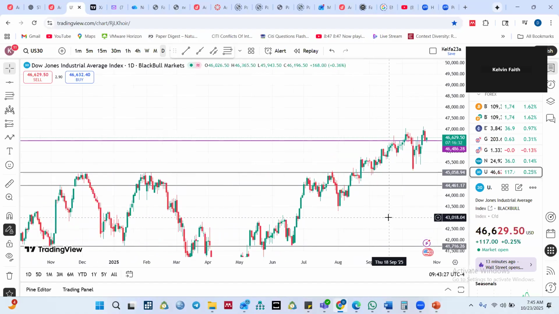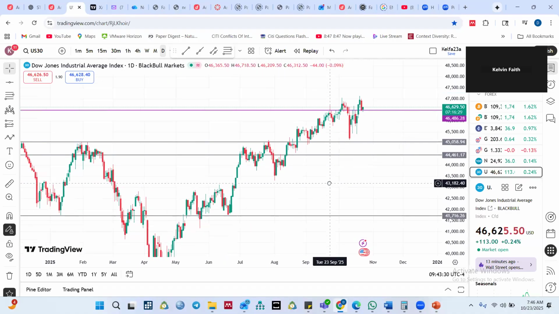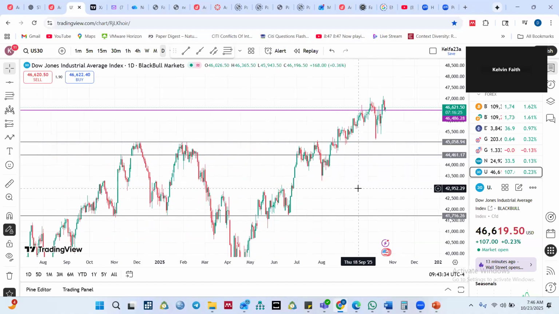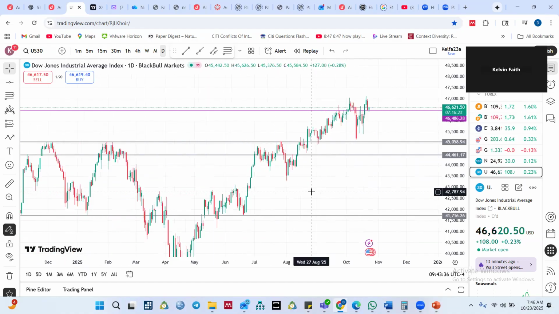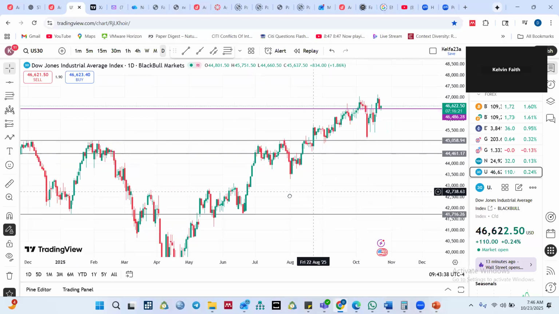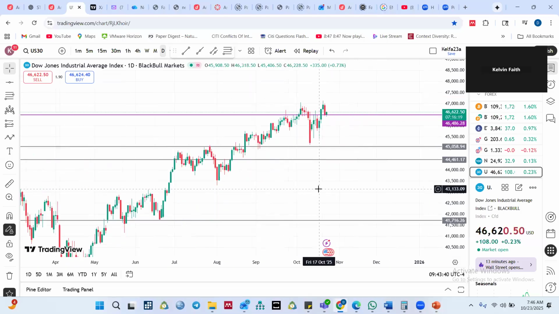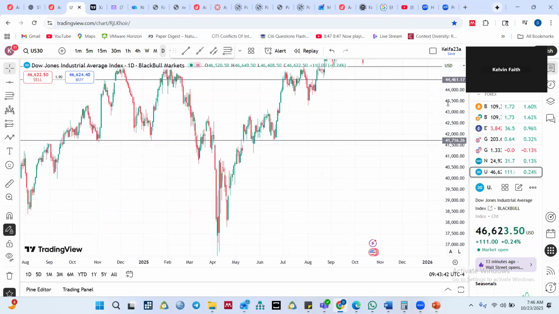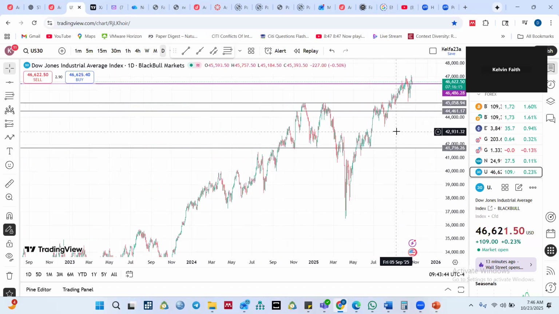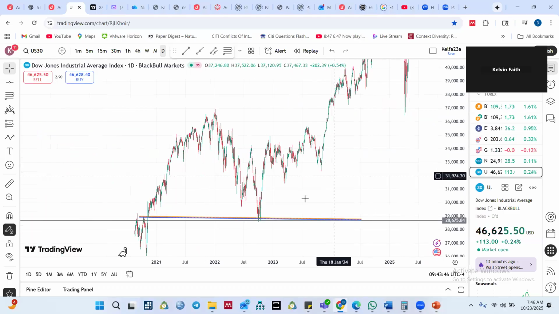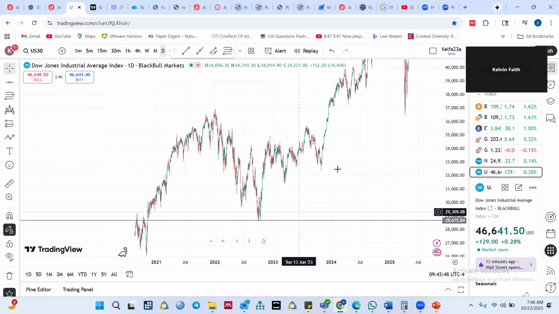Good. So as you all can see, the pair is on an uptrend. US 30 is on an uptrend.